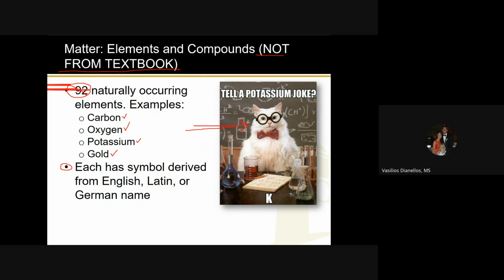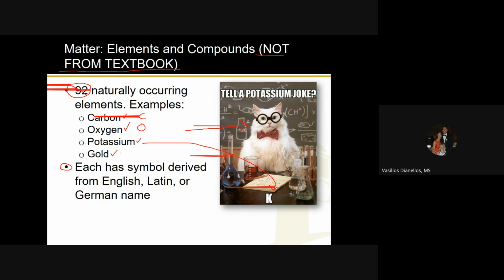Each element has a symbol that is derived from its English, Latin, or German name. So sometimes it's not confusing. Carbon's symbol is a C. Oxygen's symbol is an O. Potassium's symbol is a K, right? So that might be confusing. Why is it a K? Well, it's because it probably wasn't derived from the English name, probably the Latin or German name.